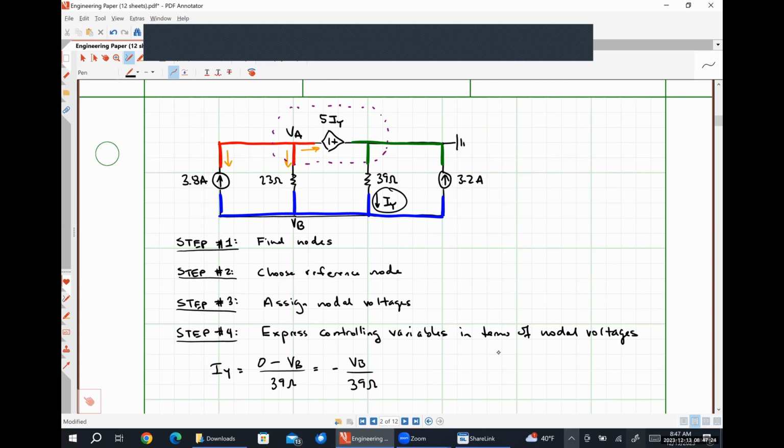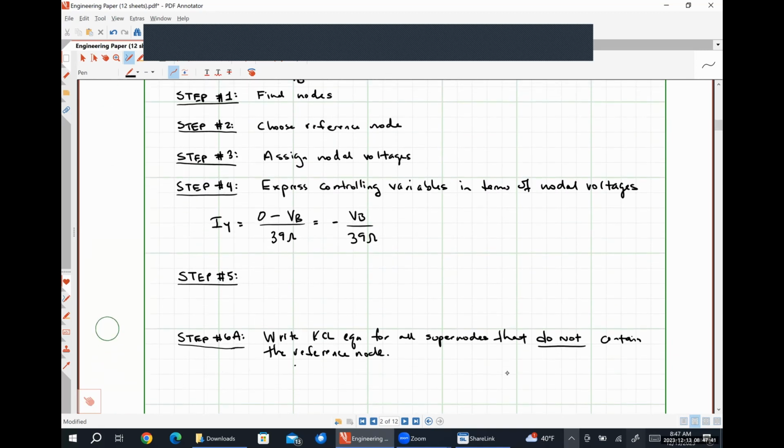So if I can't write a KCL equation for node A, what am I going to do to get an equation? Not really. I mean, kind of, but not really. So the step 5 that I skipped is going to be write voltage relationship equations for each voltage source.